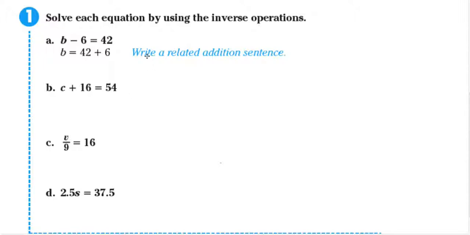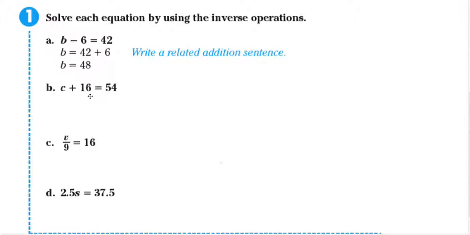We write a related addition sentence because this is subtraction, and in order to undo it, we need to use the opposite operation. If we simplify this, b equals 48. So the value of b in this case is 48.